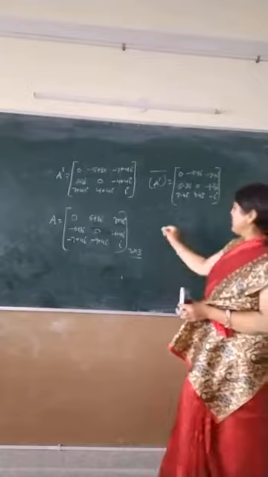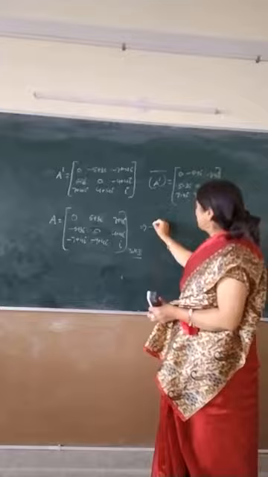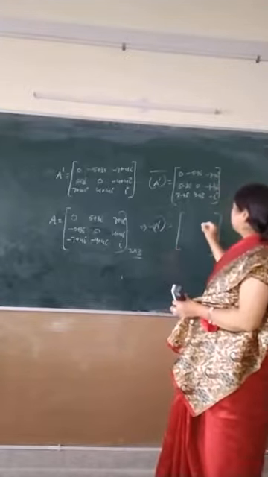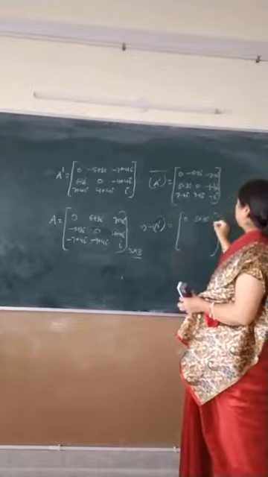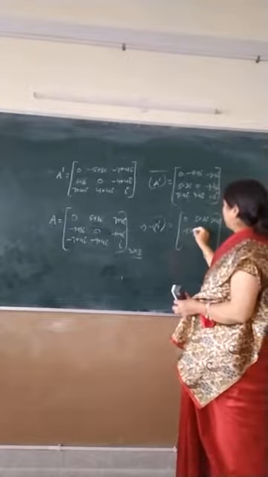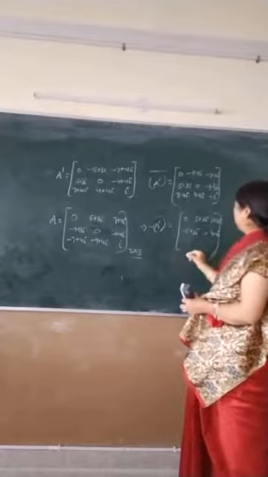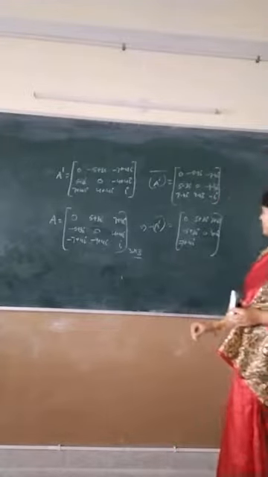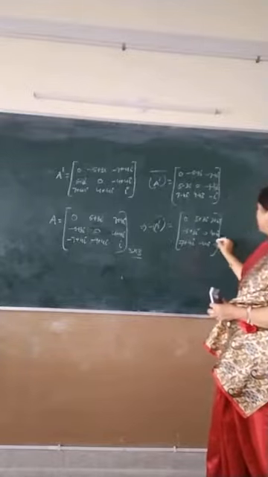Now after this you have to take negative. Negative of the conjugate transpose of this: take the minus inside, the signs change, 5 plus 3 iota, 7 plus 4 iota, minus 5 plus 3 iota, 0, 4 plus 4 iota, minus 7 minus 4 plus 4 iota, and minus iota becomes plus iota.